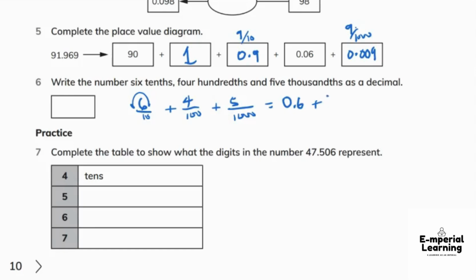Then dividing by 100, we have 0.04. Dividing by 1,000, 0.005. In adding these, we add the first decimal place, that's a 6. Then in the second decimal place a 4, and in the third decimal place a 5. And so we go with that.